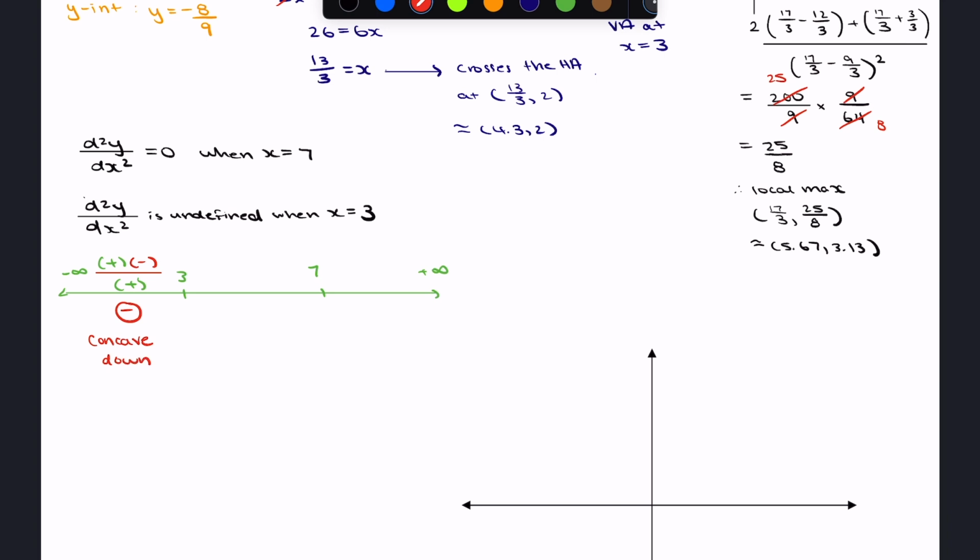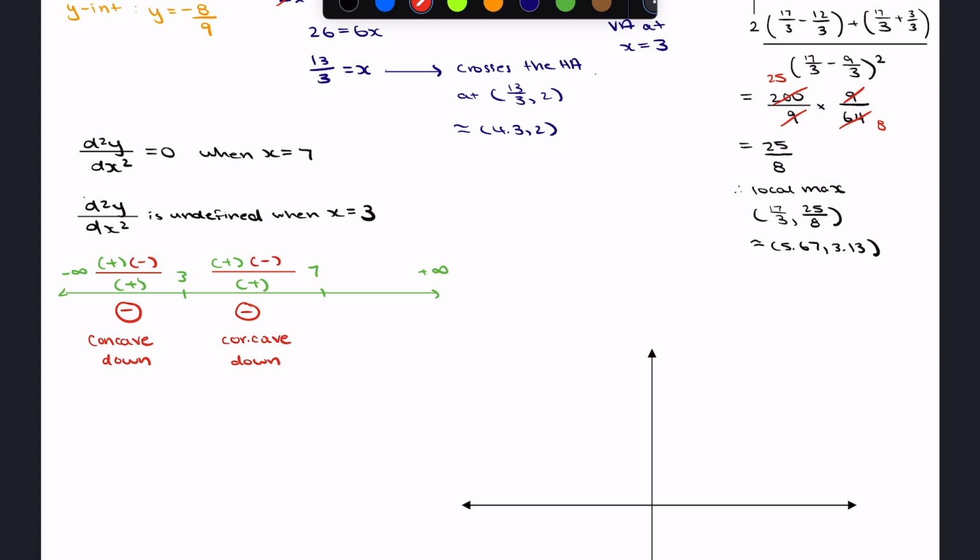Here from 3 to 7, we'll sub in a value like 4. So 12, that's positive. 4 minus 7, negative. And 4 minus 3 to the power of 4 will be positive. So here as well, this would be negative. This will be concave down. Okay.